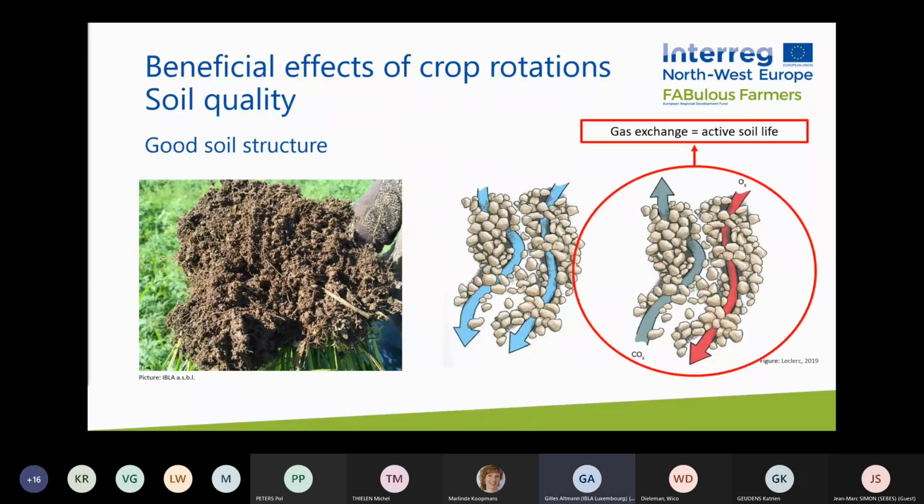And if we talk about gas exchange, a very positive effect is that we promote an active soil life, because if we have regular input of O2, then of course soil life can be very active.